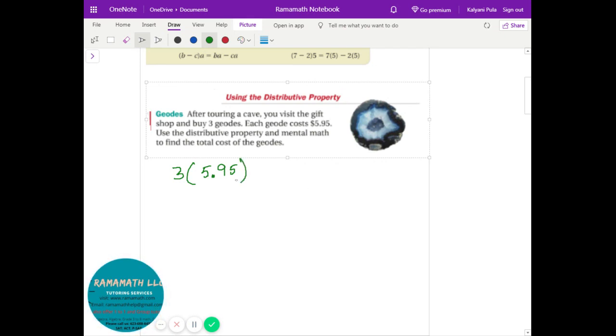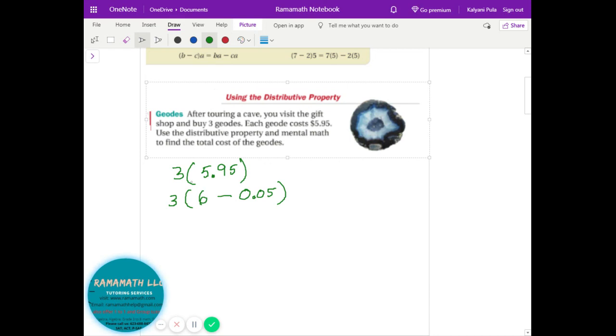Agree? So how can I simplify $5.95 so that I can get the answer faster? $5.95 is close to $6, so I can write 6 take away 0.05. Can I write that? Because $6 take away 5 cents is $5.95.